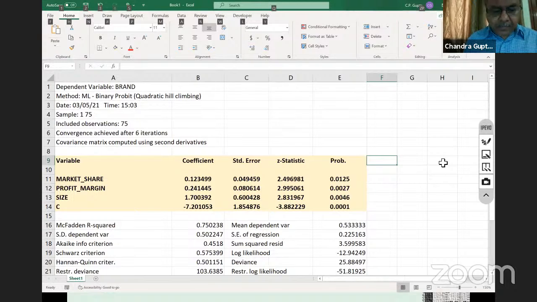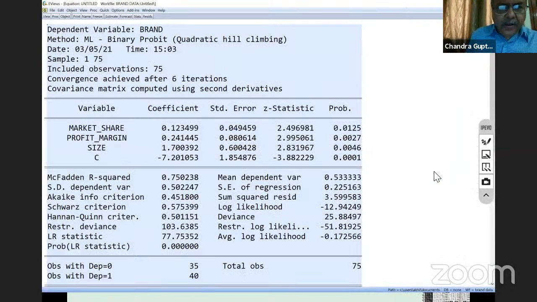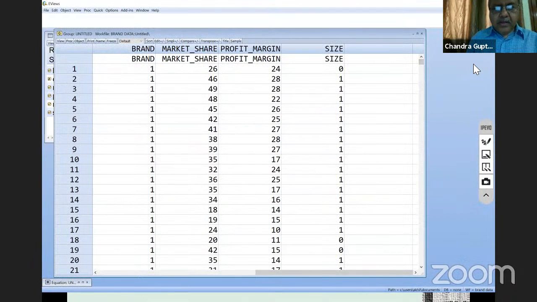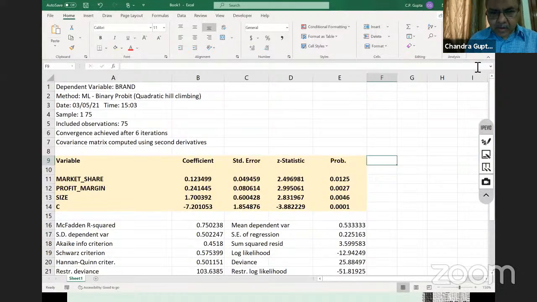Then suppose somebody is having, I take some value from here itself. Suppose market share is 26, profit margin 24, size is 0.